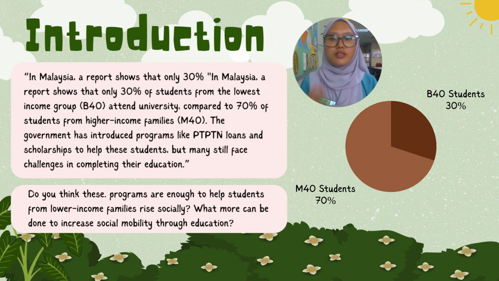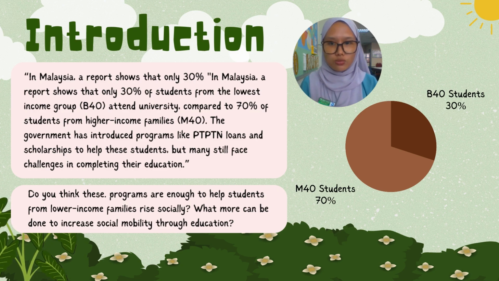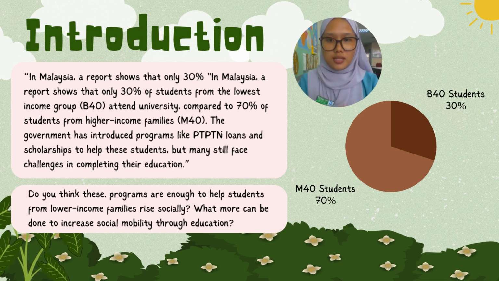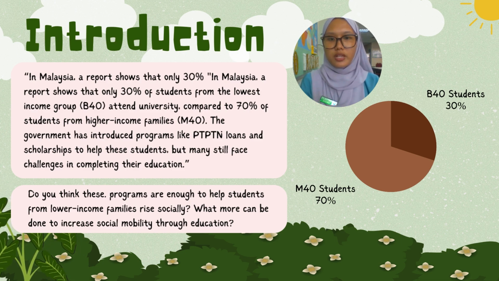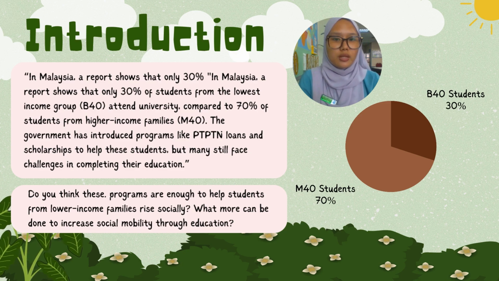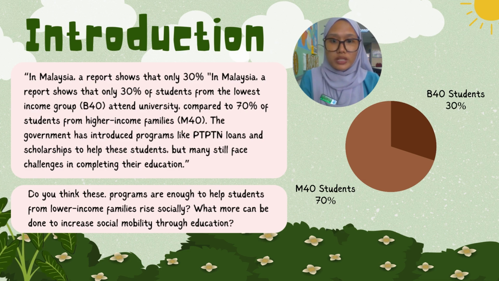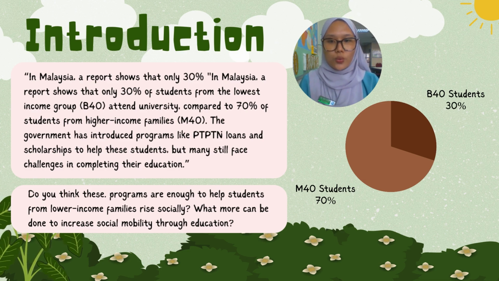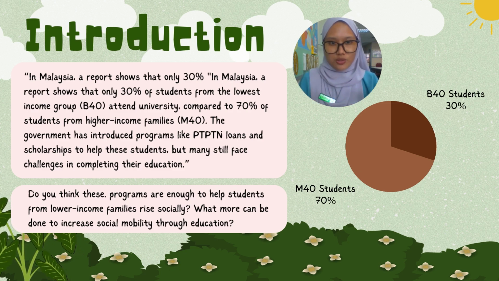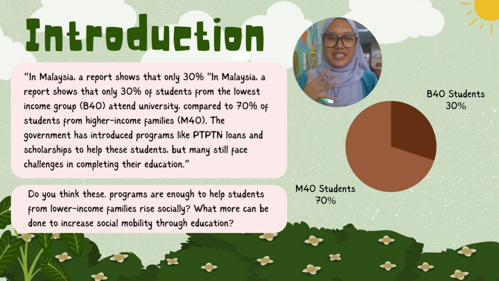The government has introduced programs like PTPTN loans and scholarships to help these students, but many still face challenges in completing their education. In this task, there are also questions like, do you think these programs are enough to help students from lower income family rise socially? What more can be done to increase social mobility through education? So with these questions, I will answer in this presentation also, but at the next slide.